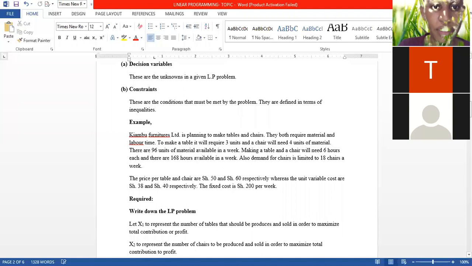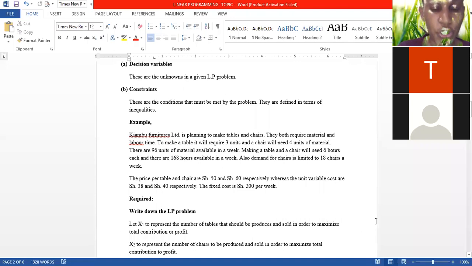Then the other thing is, how do I do this? What are some of the resources provided? Because most of the time these resources are not enough, we talk about scarce resources, which means they pose a threat to us. In economics, when a resource is scarce, it constrains us from producing a huge amount of a particular commodity.